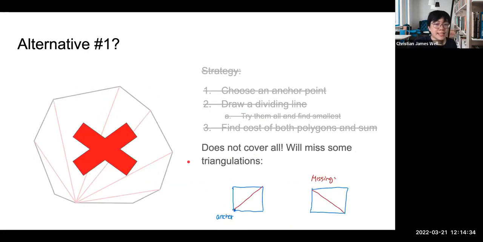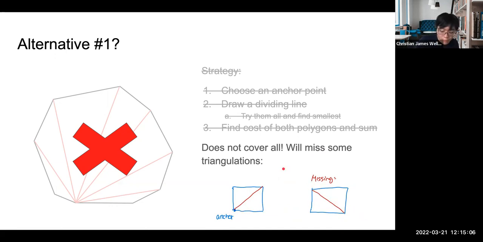The answer is no, it is not covering all. The thing is, it doesn't cover all triangulations. A simple counter example is this square over here, right? If you choose this as anchor, there's only one triangulation that can happen, which is this diagonal triangulation. You are not accounting for this other triangulation at all, because notice how this is the anchor point, so you cannot cover this triangle.